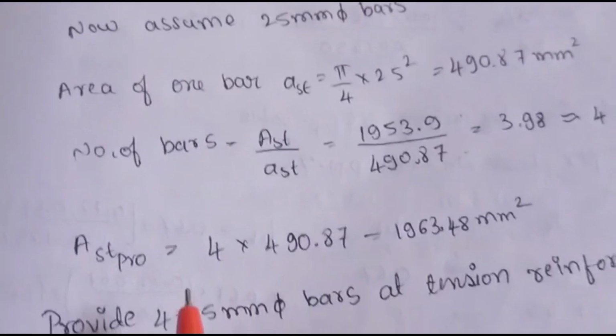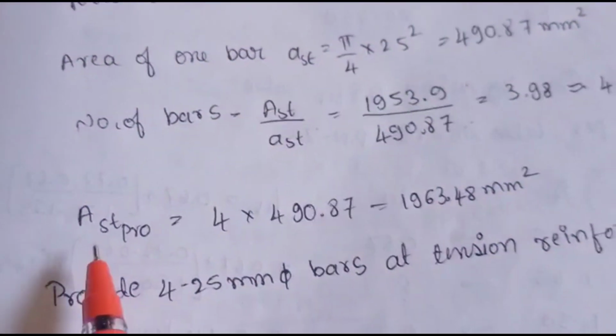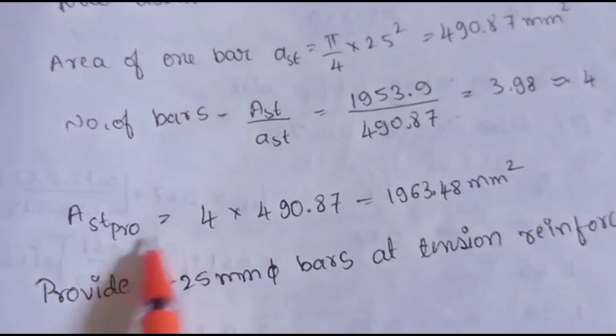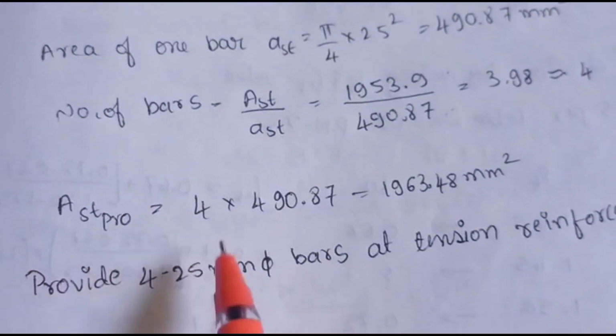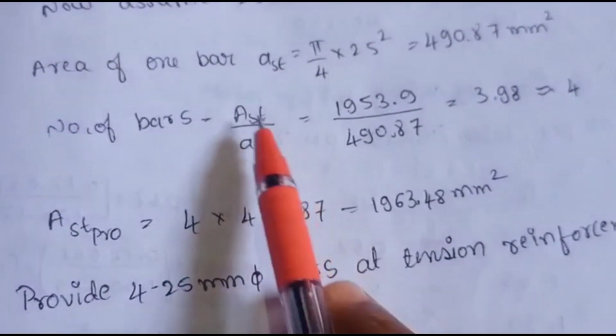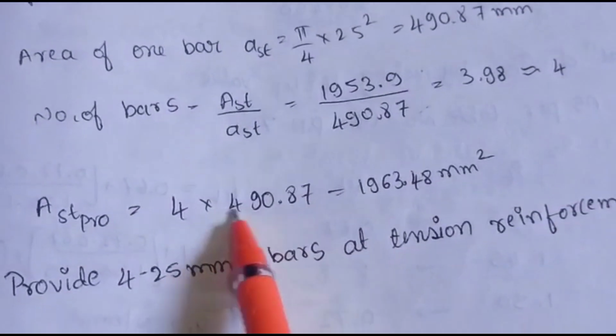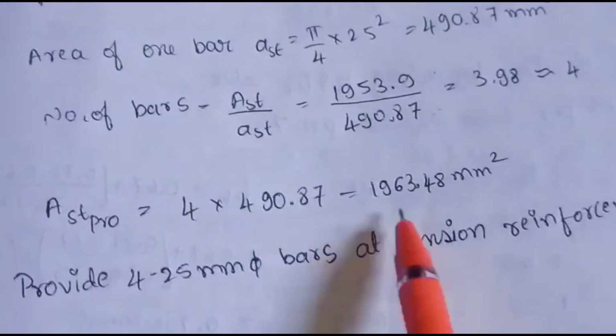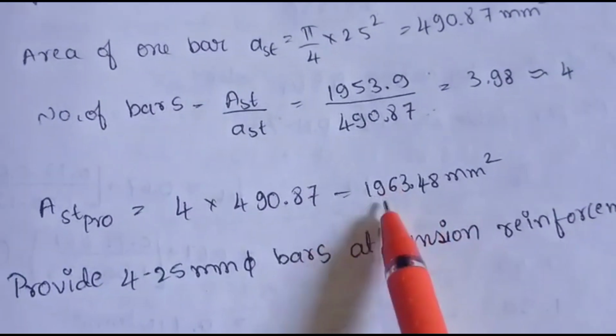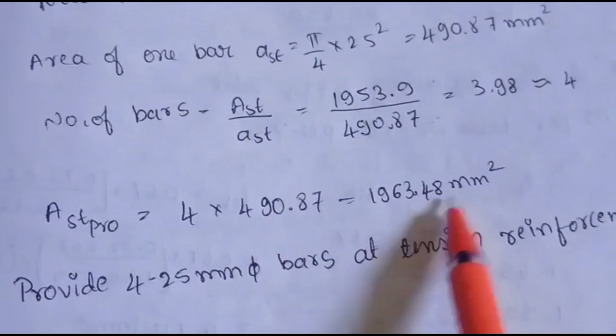After this we'll go for the calculation of AST provided. For that we have the formula number of bars into area of 1 bar. Number of bars is 4, and area of 1 bar is 490.87. Simplify this, we'll get our AST provided is equal to 1963.48 mm square.